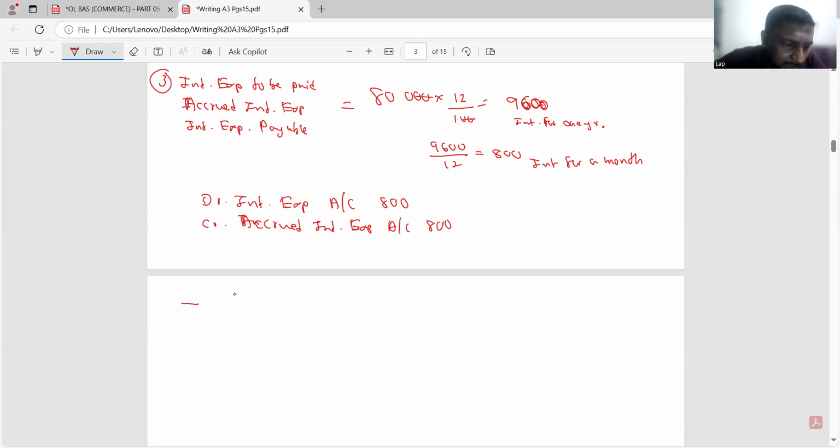So we can prepare the T accounts also. Interest expense account debit 800. Accrued interest expense account credit 800.